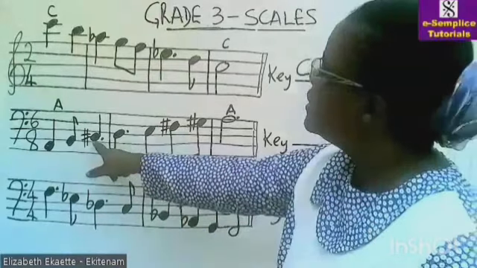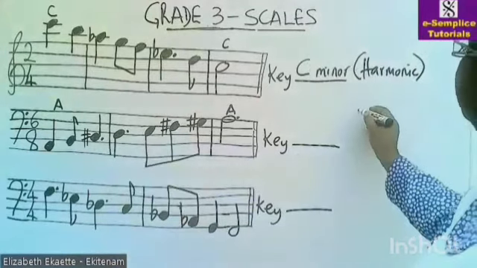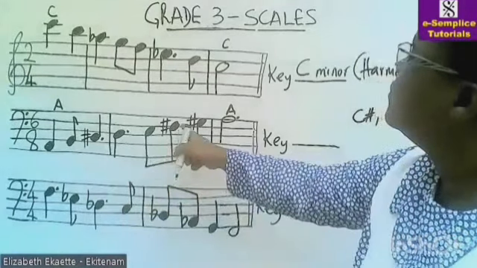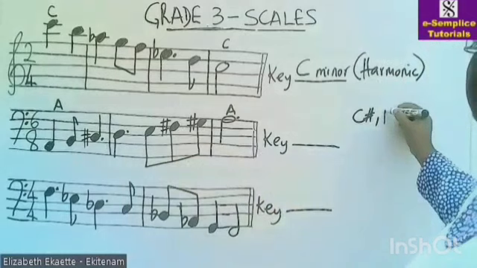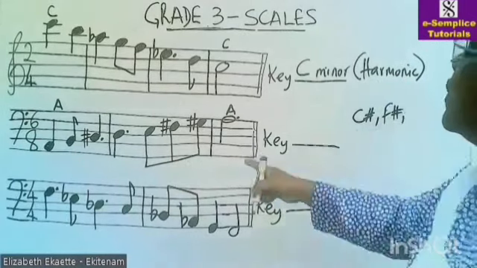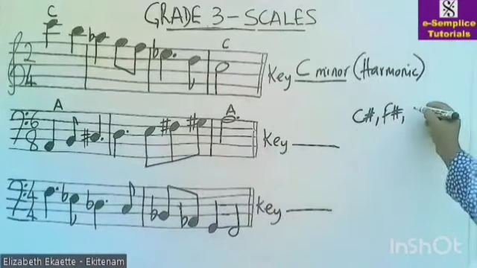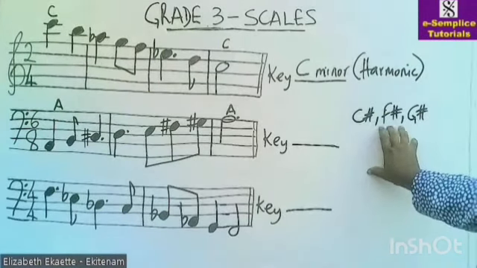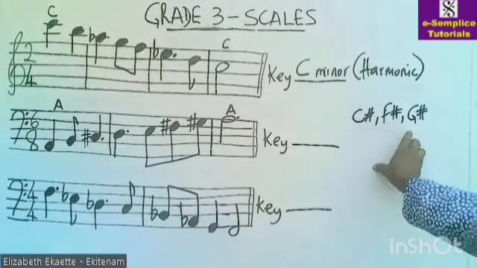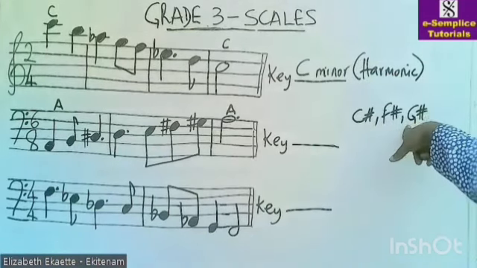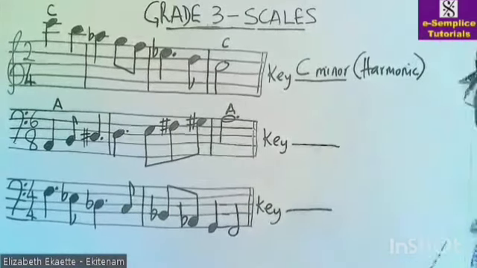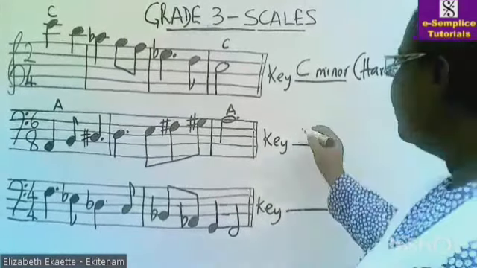We have C sharp, then F sharp, then G sharp. Merely looking at this, it is A major that has F, C, and G sharps. So we don't even need to beat about the bush here. The answer is A major.